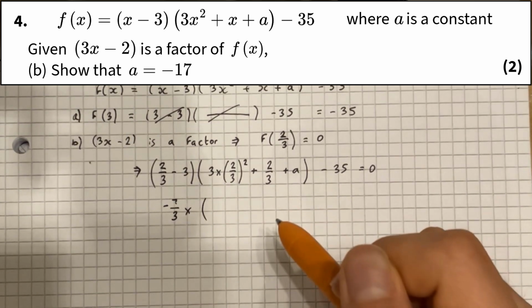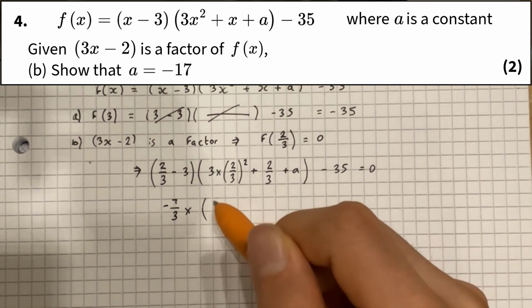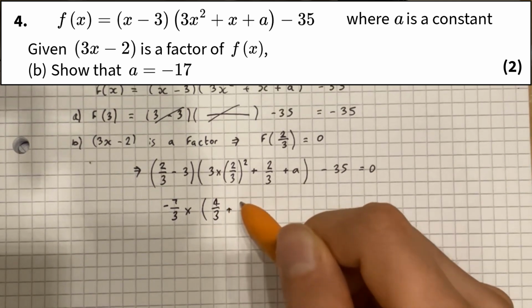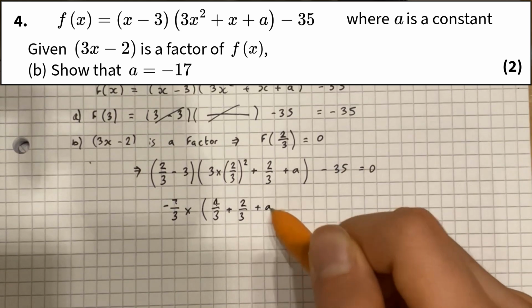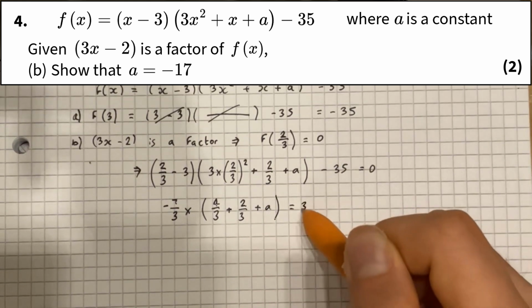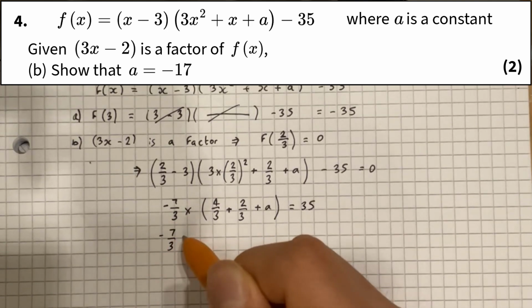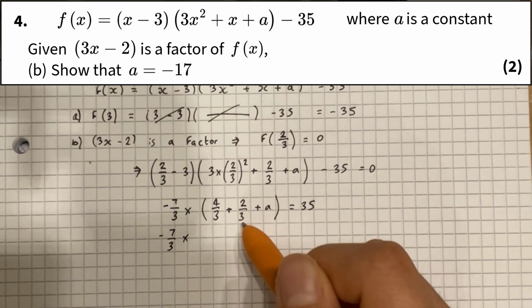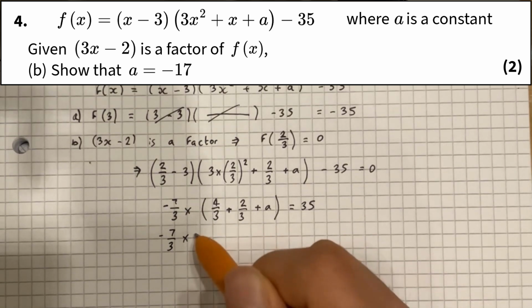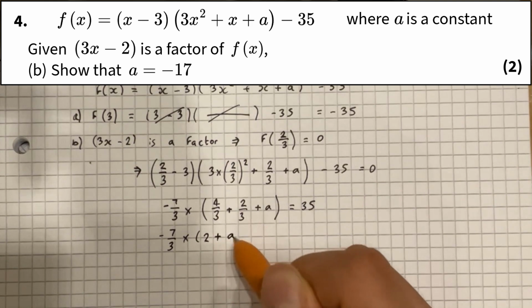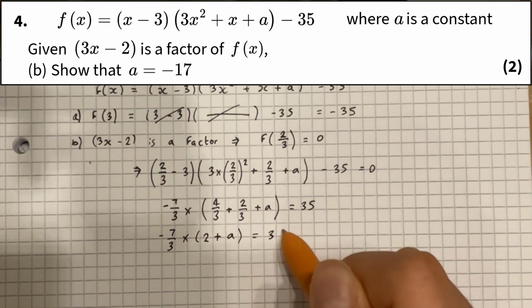Now 2/3 squared is 4/9, which we times by 3, we get 4/3. And then the rest I'm going to keep the same. I'm going to move the 35 over to the other side. 4/3 plus 2/3 is 6/3. 6/3 is also known as 2. So we get 2 plus a in the bracket.